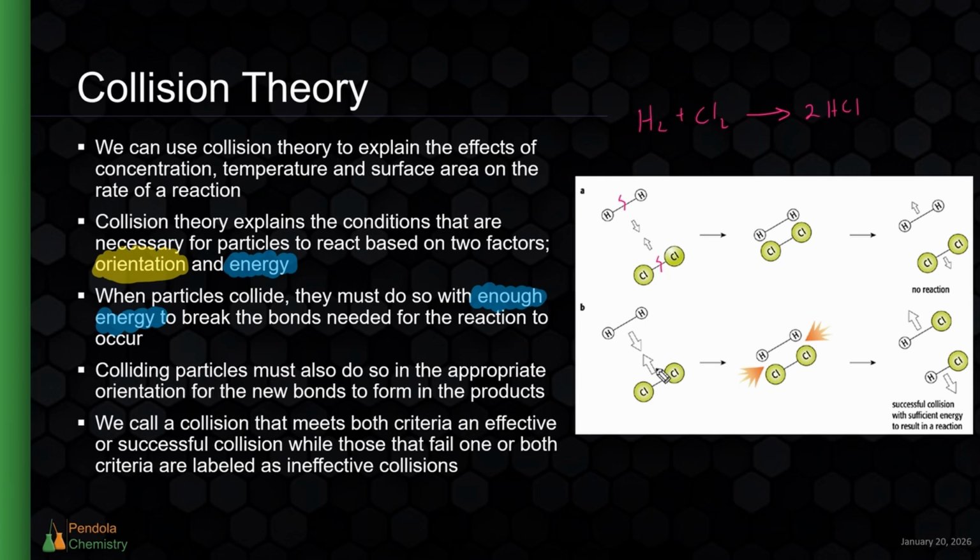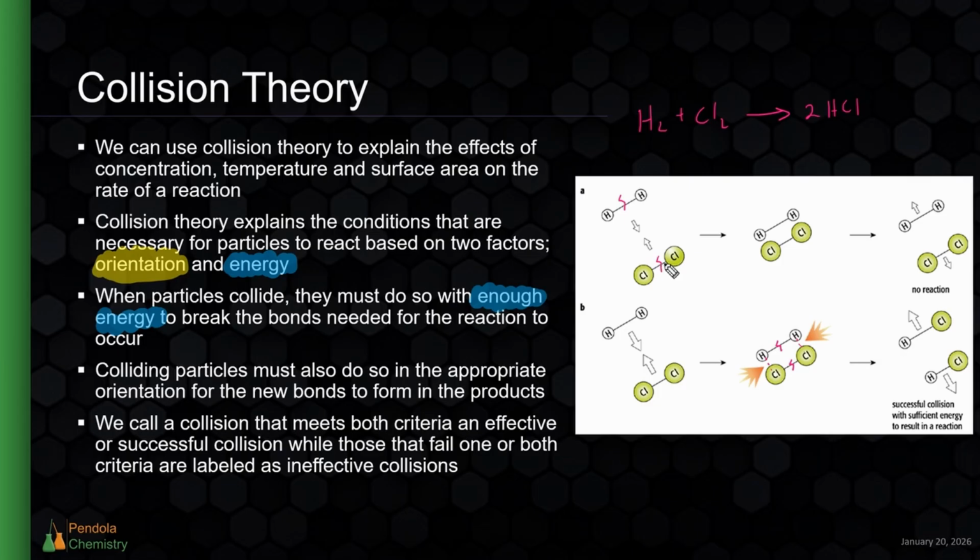If they collide and they do have enough energy, so they're moving very fast, which is symbolized here by these big arrows, then what's going to happen when they collide with each other is that these bonds are going to be broken, and new bonds will form between the hydrogen and the chlorine on the molecules, creating our products, the two HCl molecules. That's what collision theory says.